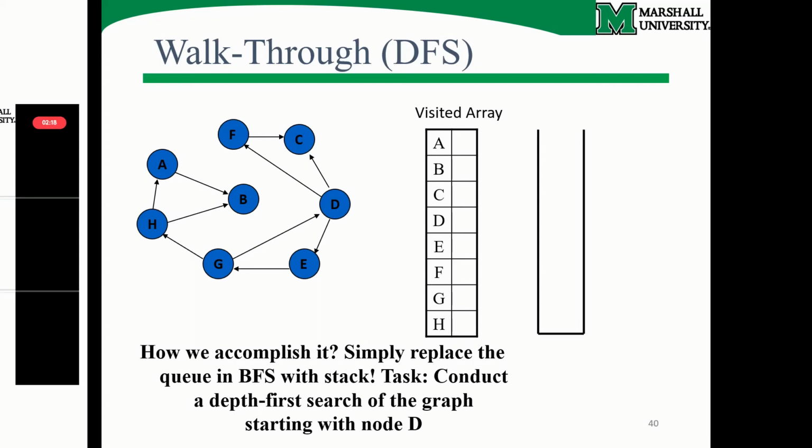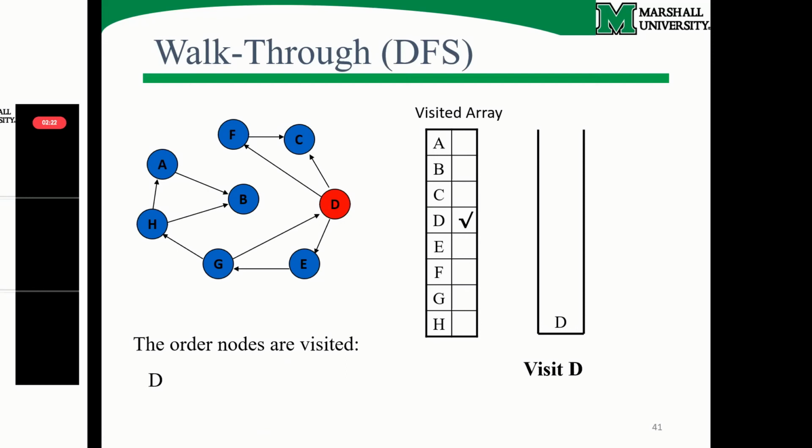So again we will start from a node D. We visit the node D, then we will go through all the adjacent nodes, but this time we will insert into a stack. So the first node adjacent to D is C. Because we are talking about alphabetical order, we will take C from the adjacency list.